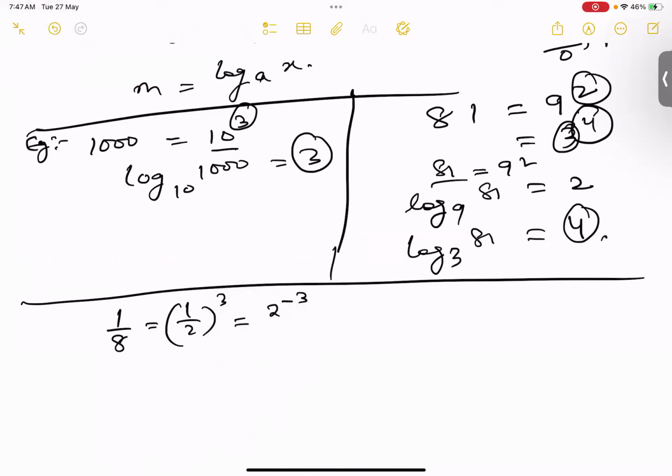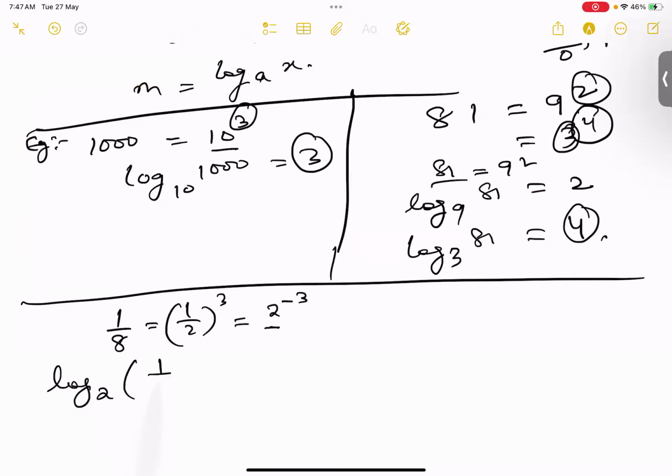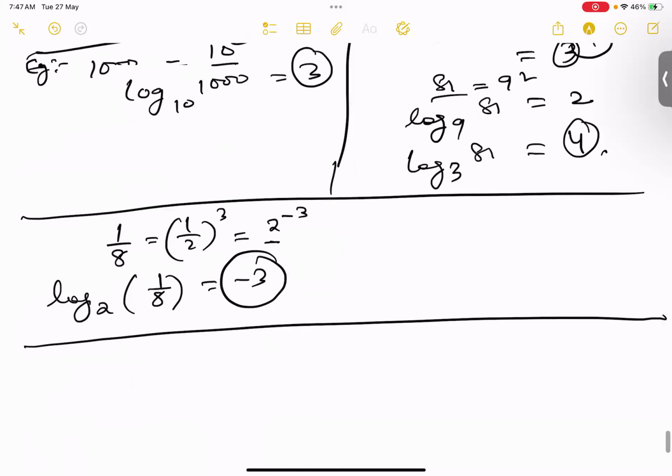If the denominator becomes the numerator, we raise it to the power minus. So logarithm base 2 of 1 by 8 will be minus 3. So logarithm is nothing but the power, finding the value of the power.